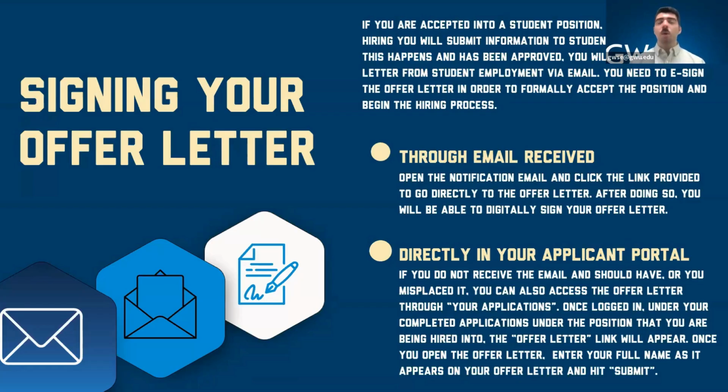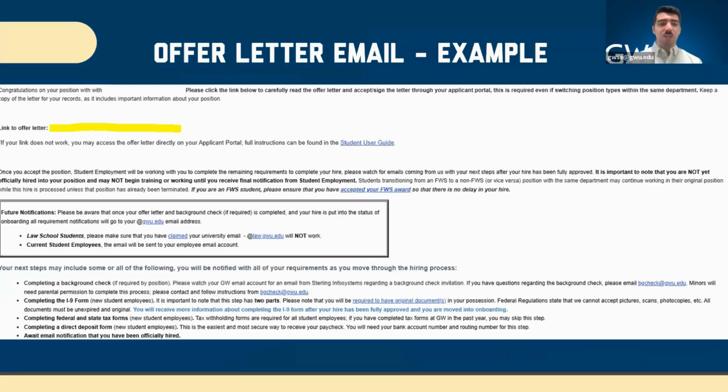Now you're probably thinking, what does this email look like? And it's this slide. So the text is a little bit small, but I encourage you, once you have access to these slides, to expand it. So it will say, congratulations on your position with blank. Please click below to carefully read the offer letter and accept or sign the letter through your applicant portal.